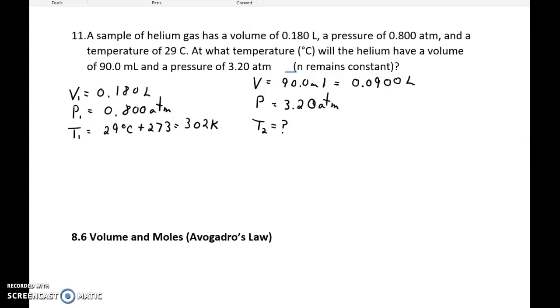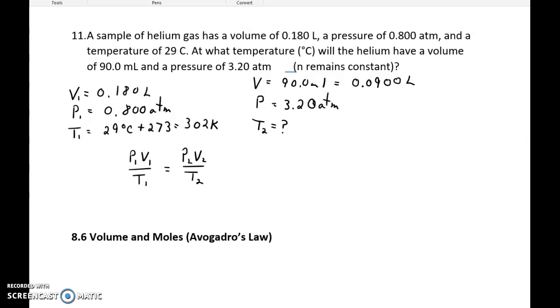Okay, so let's look at our problem. We've got P1 V1 divided by T1 is going to be equal to P2 V2 divided by T2. T2 is what I'm looking for.